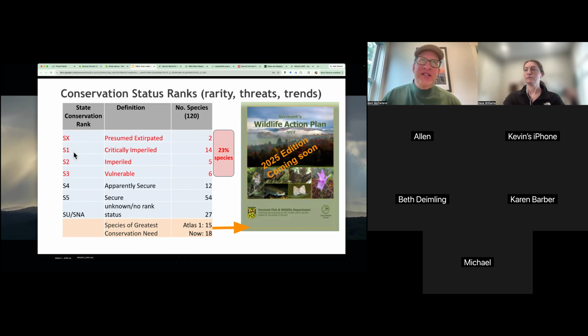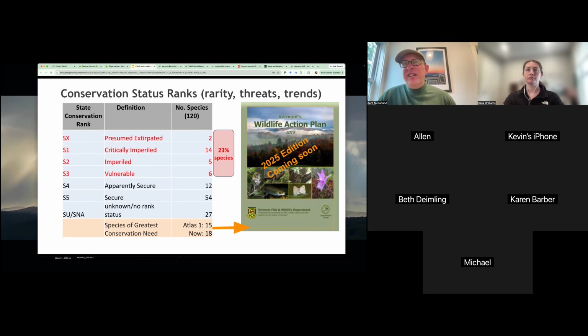If you're an S1, you're kind of critically imperiled. S5, you're really kind of dirt common. We just re-ranked a lot of stuff with the first couple of years of this atlas, and right now 23% of the species are in this kind of red zone. A quarter of Vermont's butterfly species have some kind of conservation issue or vulnerability.